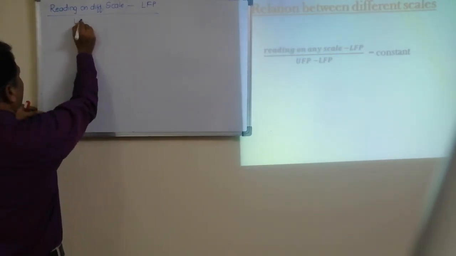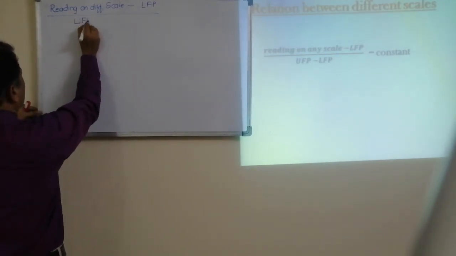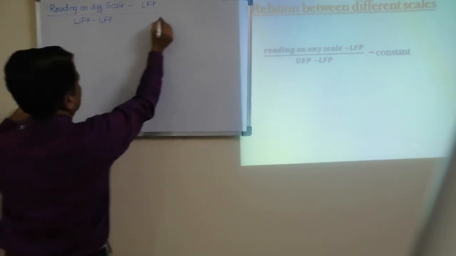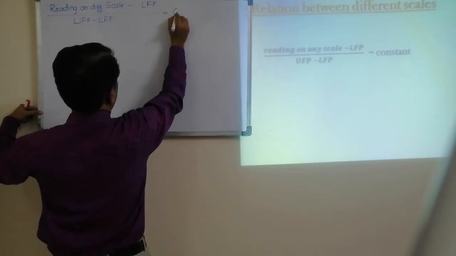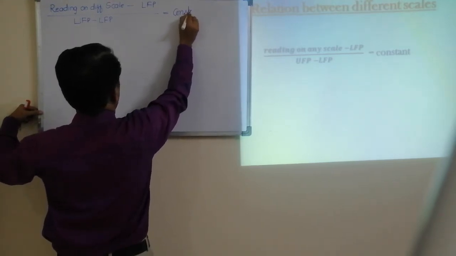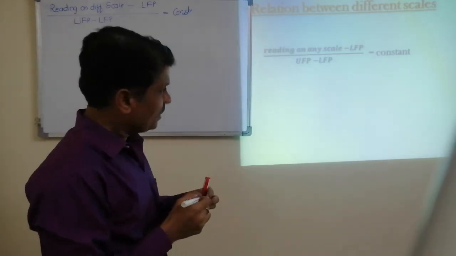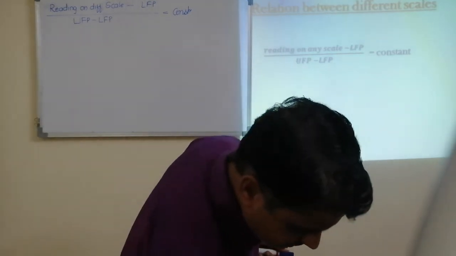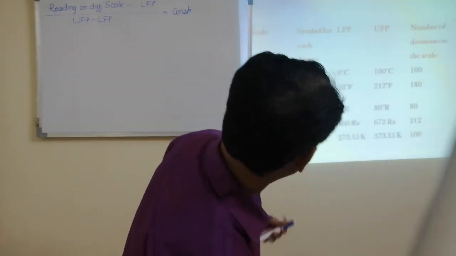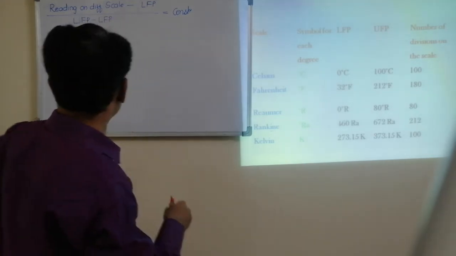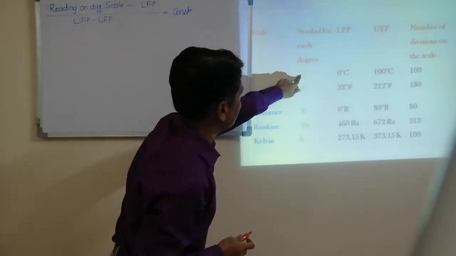Okay. So the upper fixed point minus the lower fixed point always remains constant. Based on this equation, you can write the relations. First I will try to write for the Celsius scale.